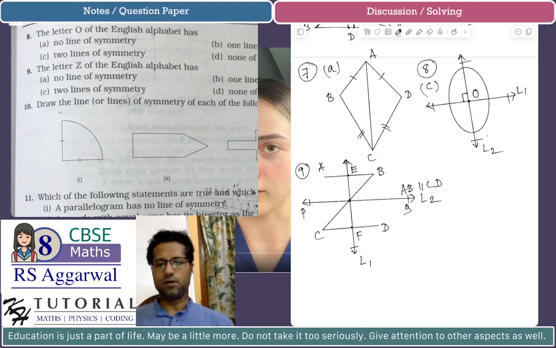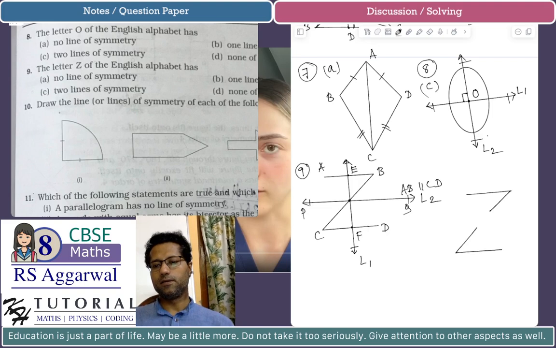the part of the letter Z above the line L2 is something like this, and the part of the letter Z below the line L2 is something like this.